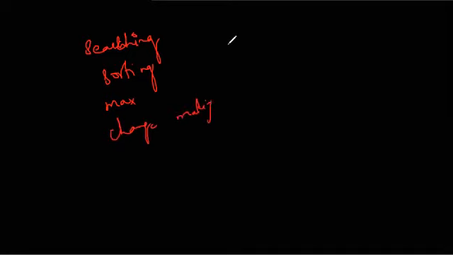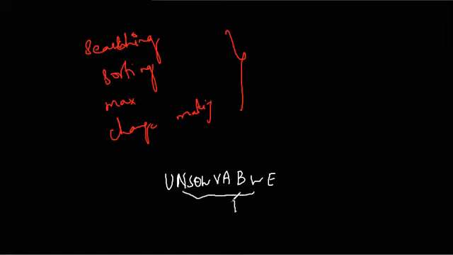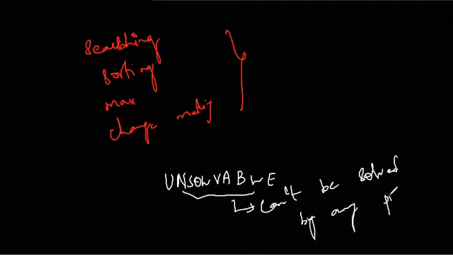All these problems were solvable, that is, we were able to solve them. But there are some problems which are unsolvable. What do we mean by unsolvable problems? Unsolvable problems are those which cannot be solved by any procedure.